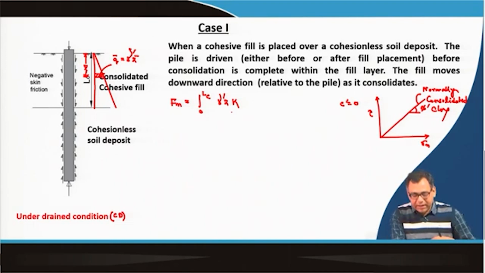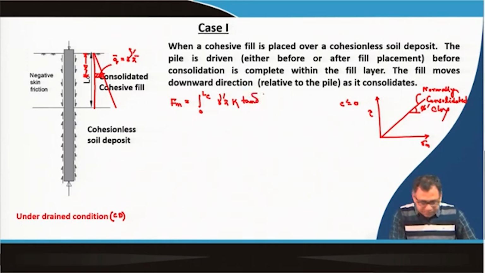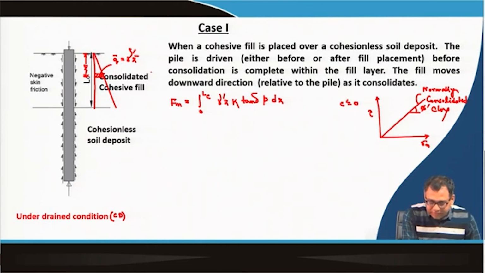We multiply with K to make it lateral, then there will be tan delta. That total you have to multiply with the perimeter of the pile at this zone into dz, because dz is the small thickness.